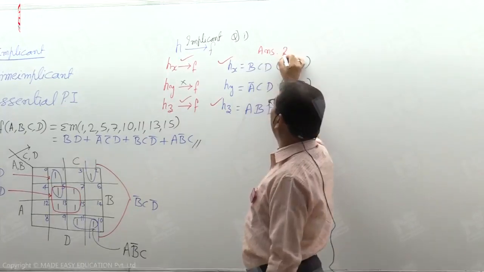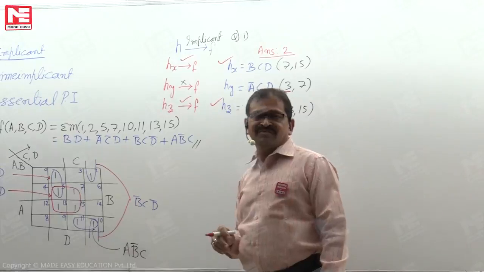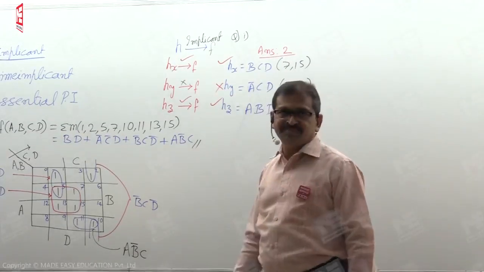Note well: from the given product list, the number of implicants is only 2. This one is not an implicant.